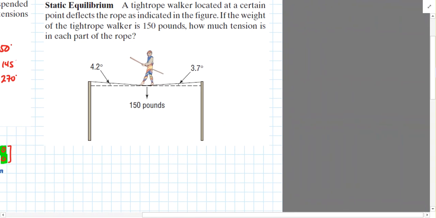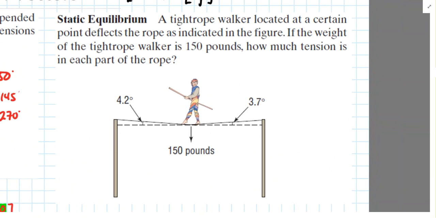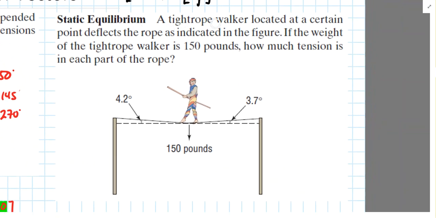And we can use the same procedure for this example here. The tightrope walker in this particular case is moved out pretty far onto this tightrope. And I don't think this person is in the center here because you can see the deflection of that rope is different on either side.